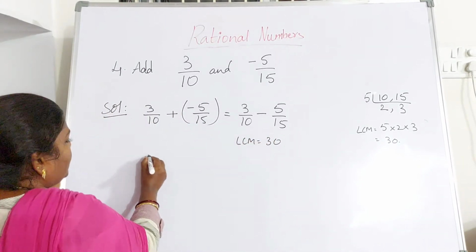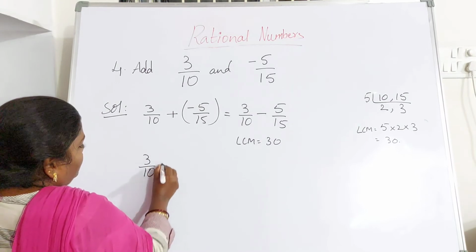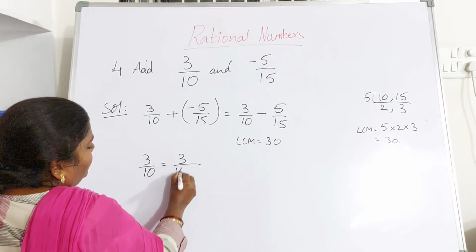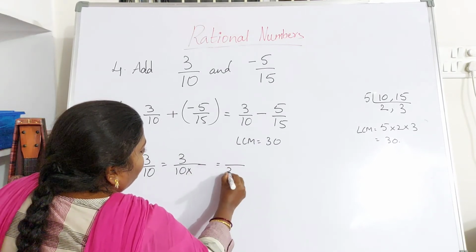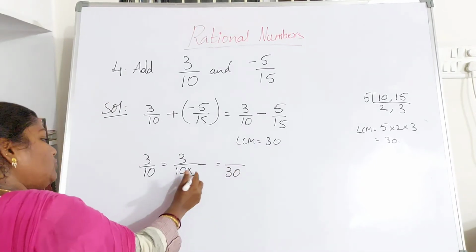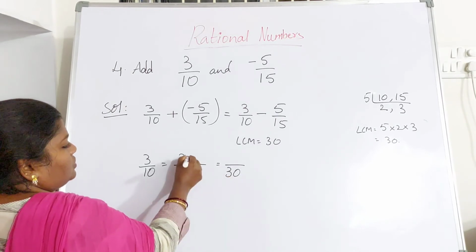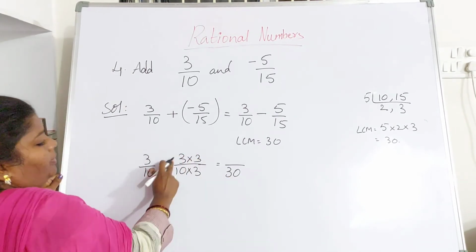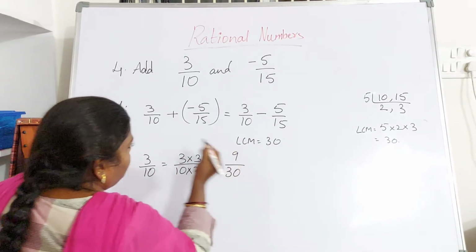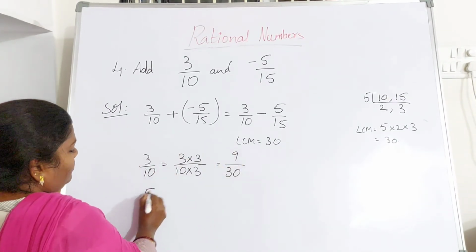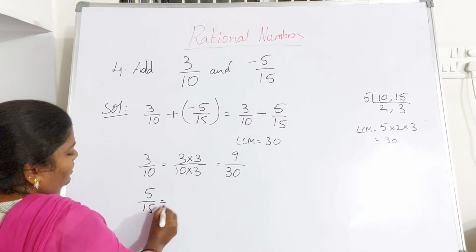So the first one, that is 3 by 10. I should multiply with some number so that I get the denominator as 30. Now 10 into 3 gives 30. So the same 3 should be multiplied in the numerator. So 3 3s is 9. Take the next one, 5 by 15.